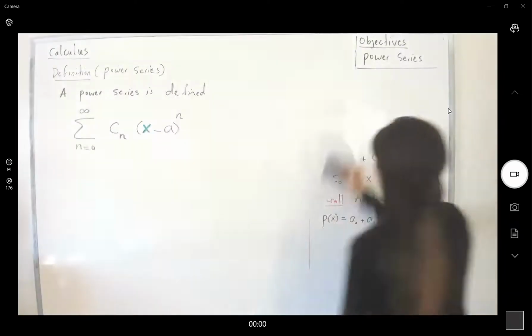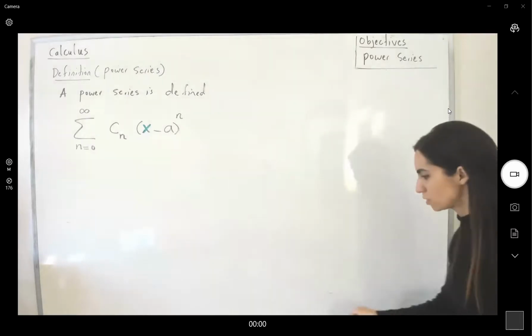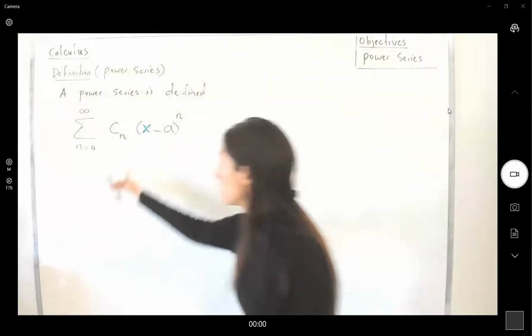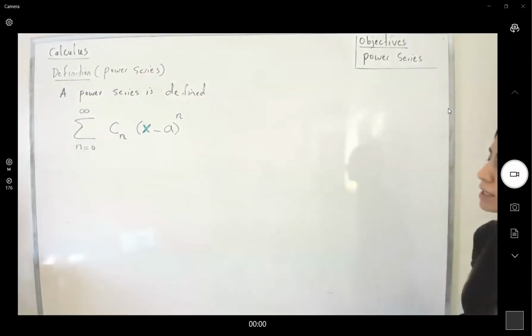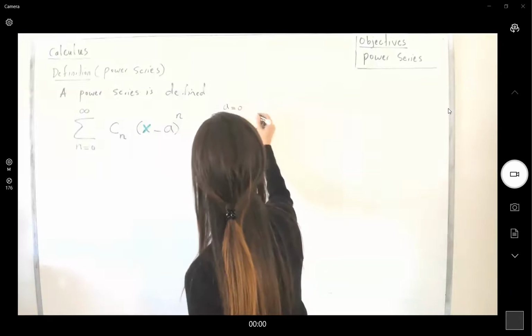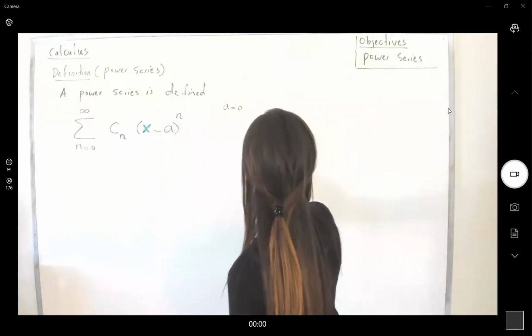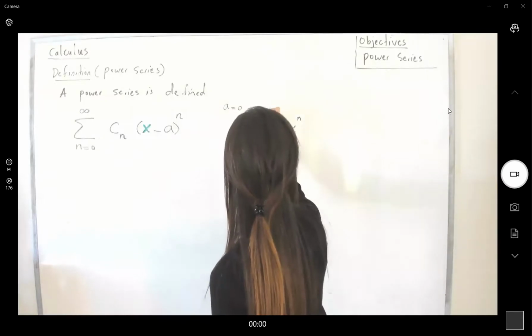There we go. So we defined a power series in general form as the sum of c sub n (x minus a) to the power n, and when a is equal to 0, we have this case: the sum of c sub n x to the n, starting from 0 and going to infinity.